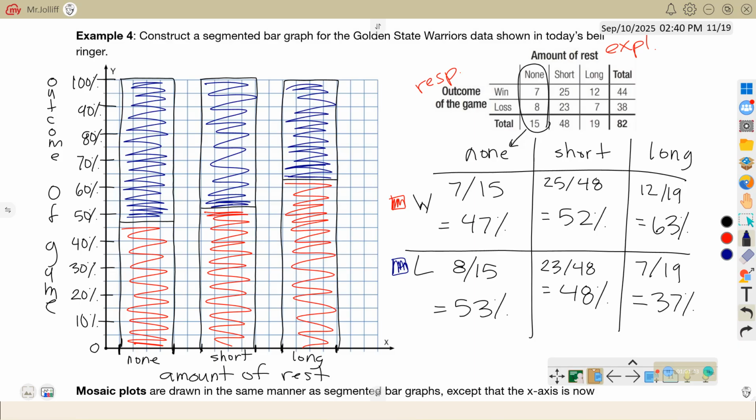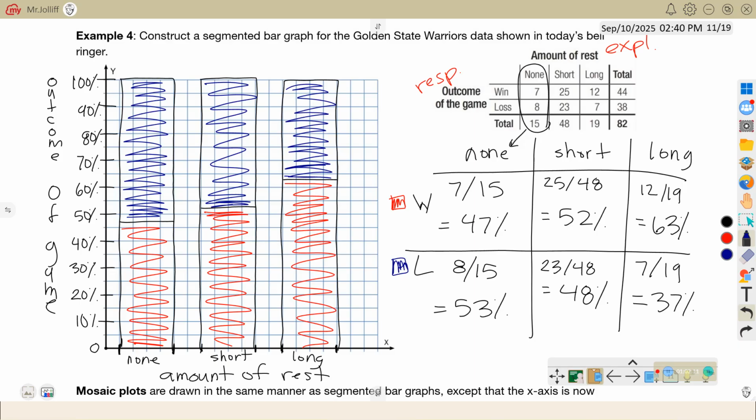As I move from amount of rest category to the next category, the more rest I get, the further to the right I go on my graph, the larger the percentage of wins for that amount of rest. So this tells me that there is likely a relationship between the amount of rest that our Golden State Warriors players get and the percentage of wins following that amount of rest.